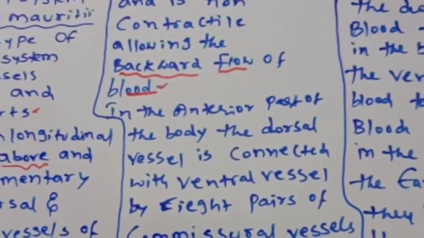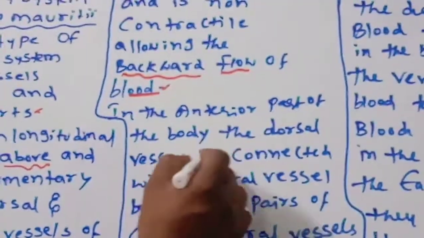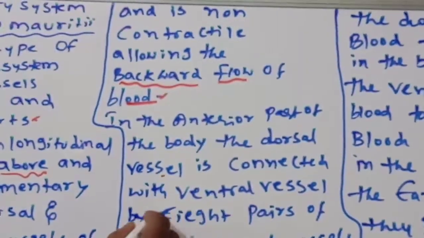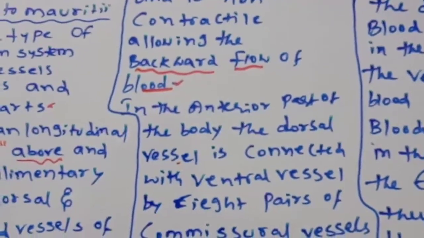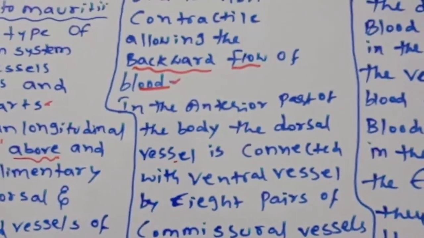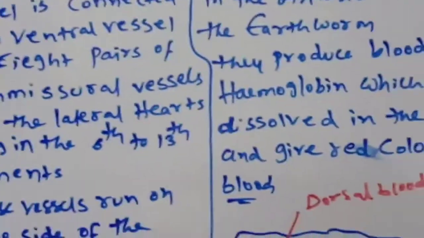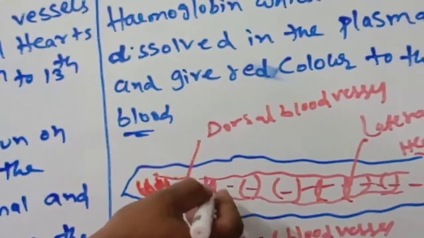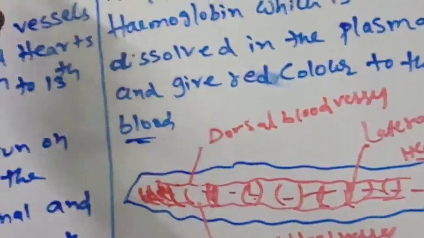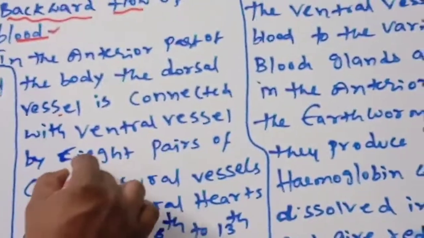In the anterior part of the body, the dorsal blood vessel is connected with the ventral vessel by 8 pairs of commissural vessels. Observe very carefully, this is the dorsal blood vessel in the anterior region, and here connections will be there. Those connections connect it with the ventral vessel by 8 pairs.